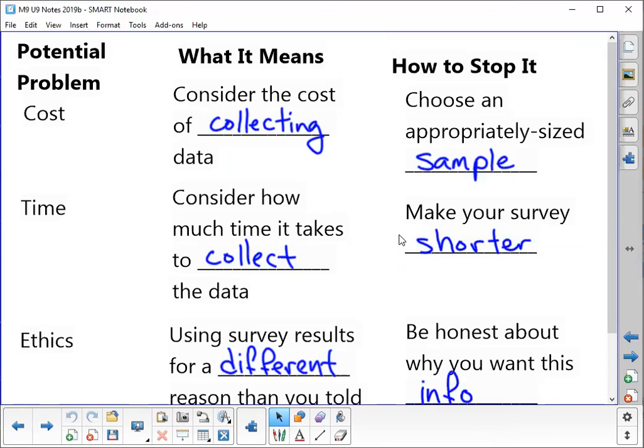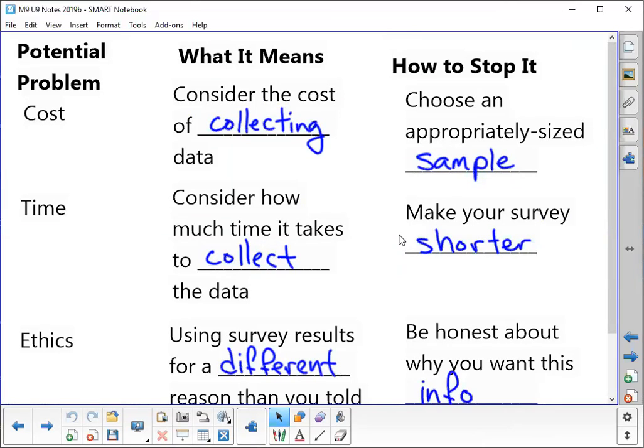If it takes you too much time to collect the data, or if it's going to cost you too much money to get everybody in the city surveyed, a sample would be appropriate. And we'll talk about how to do sampling in the next week.